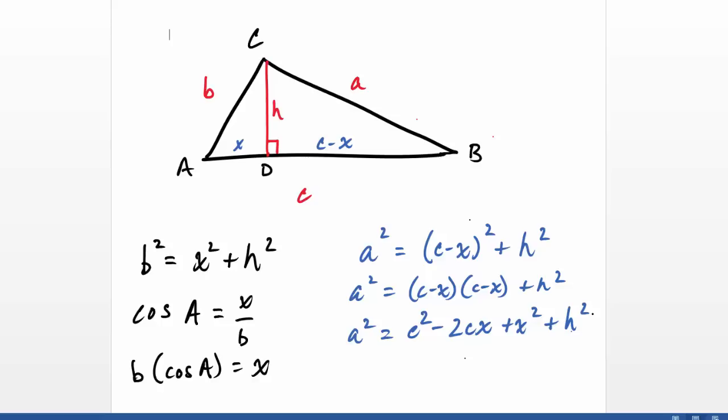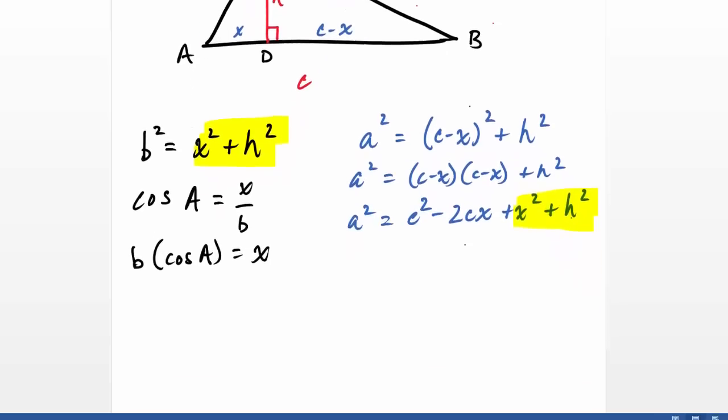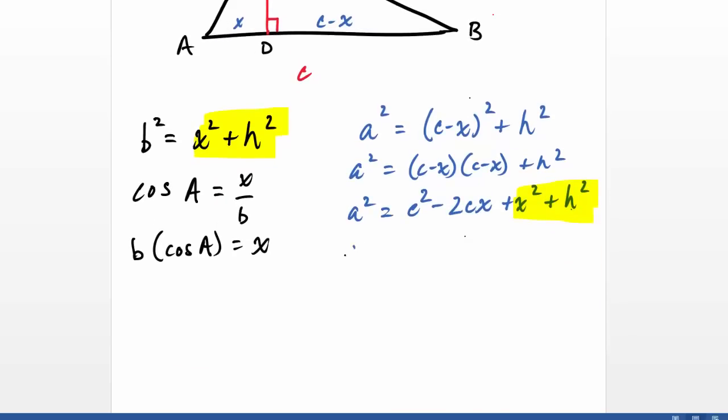The reason that I did that is because you can see here, very simply, that I have x squared plus h squared, which is the same as what I had from the previous part, b squared. So now I'll just simply substitute that value. So I have a squared equals c squared minus 2cx plus b squared.